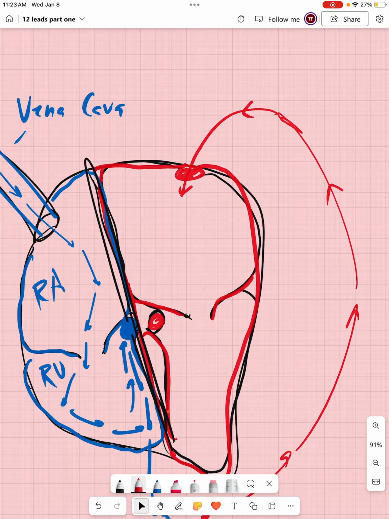And from there, it is going to enter the left atrium. Once it's in the left atrium, it is going to descend further into our left ventricle.